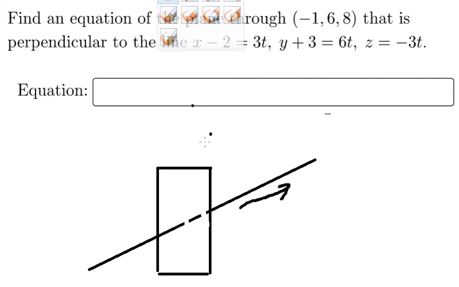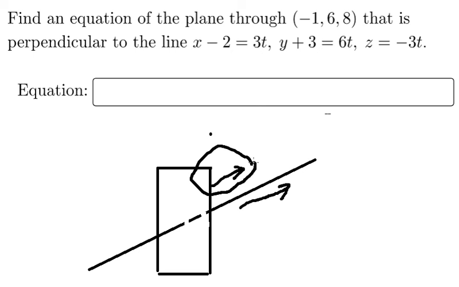So we know that the normal vector of the plane will be like this. That means the vector of the line is the normal vector of the plane.